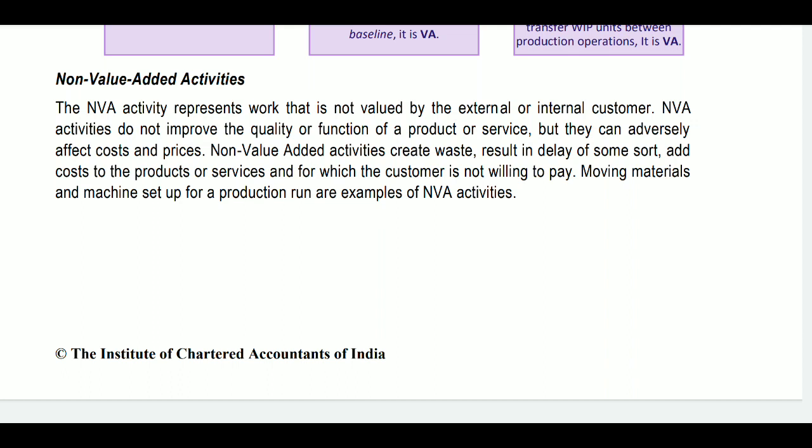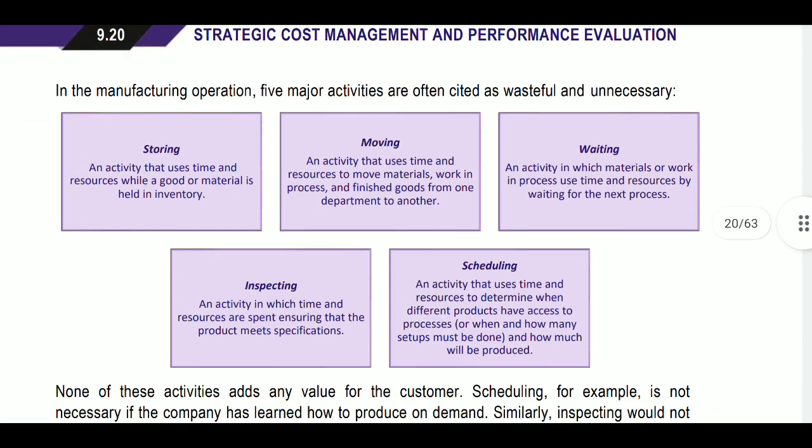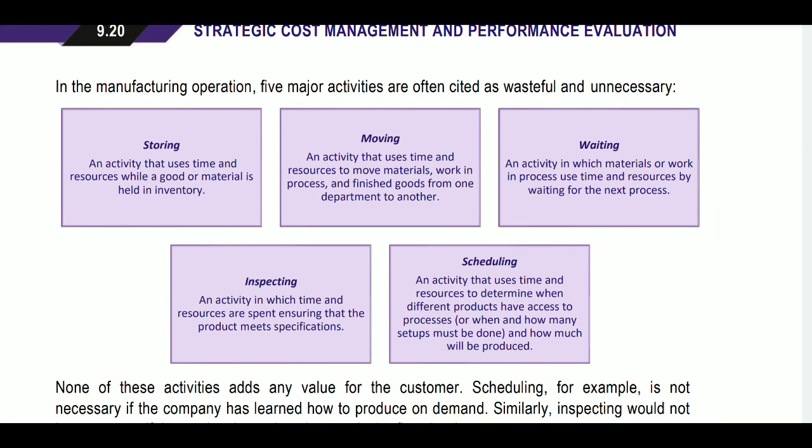Moving materials and machine setup for a production run are examples of non value added activity. In manufacturing operations, 5 major activities are often cited as wasteful and unnecessary: storing, moving, waiting, inspection, and scheduling. These 5 are non value added activities.